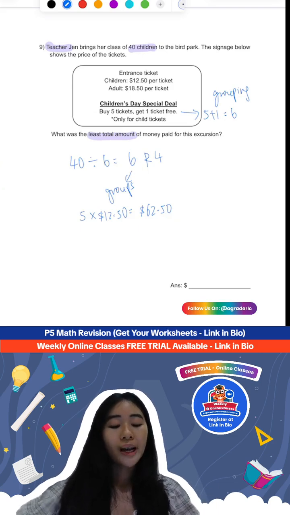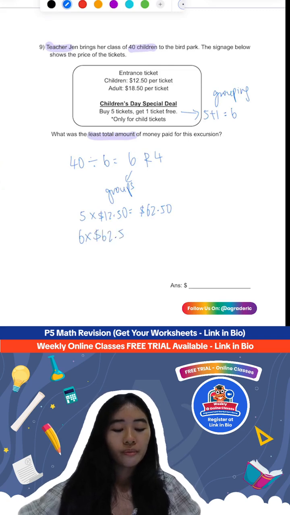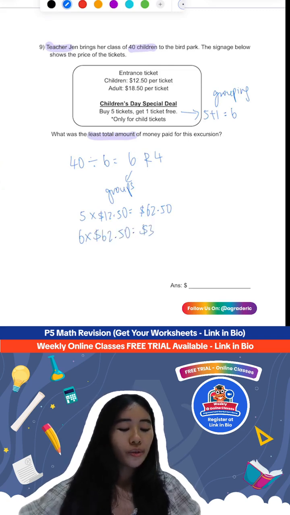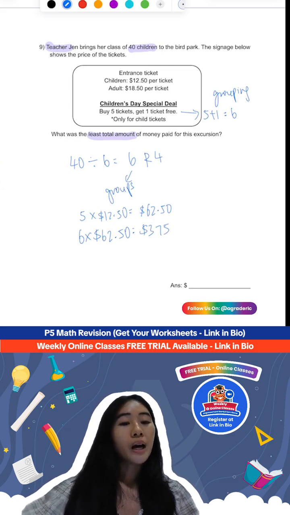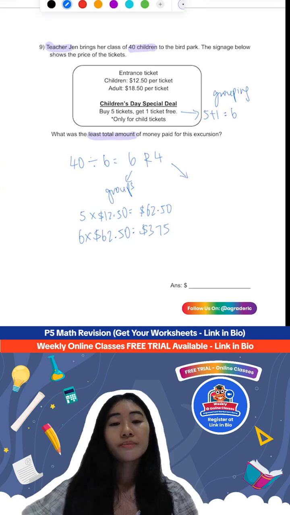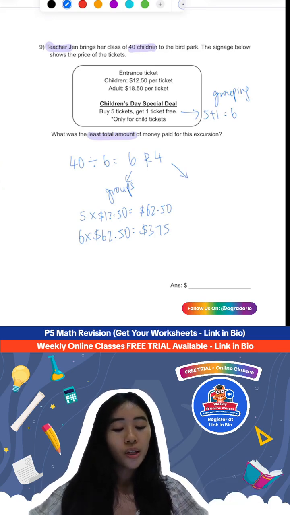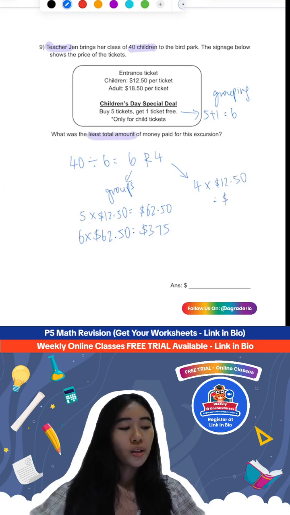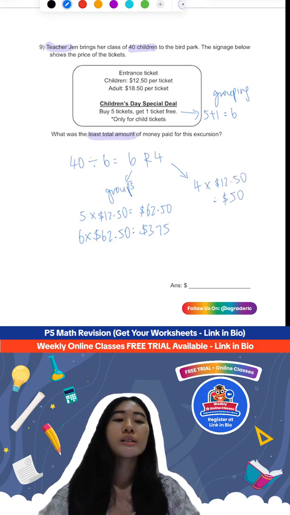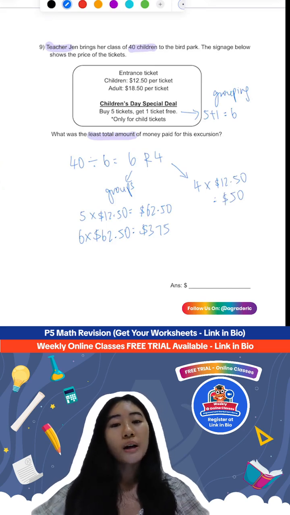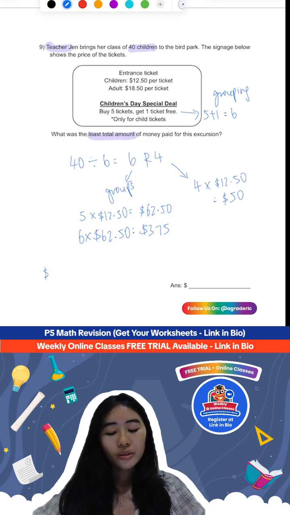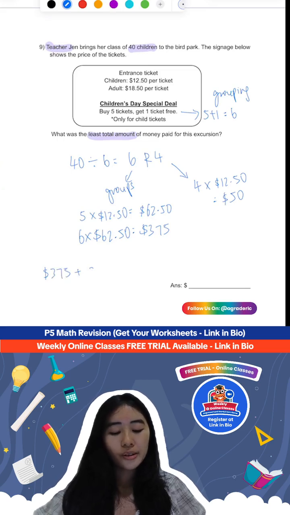So you need to times 6 to this value. After you times, you will get 375. After that, there's remainder 4, right? That means that you still have 4 tickets that you need to buy individually. So that will be 4 times 12.50, which is $50. Yeah. So after that, you're gonna add it together, 375 plus 50.